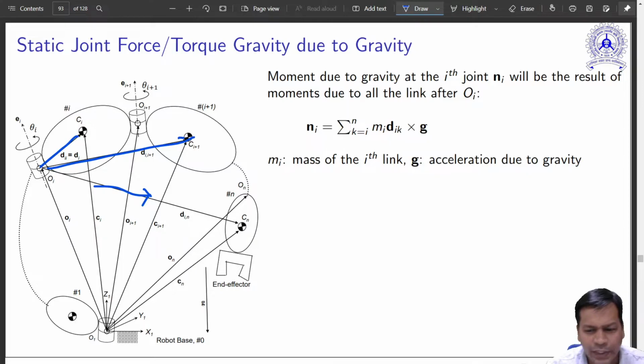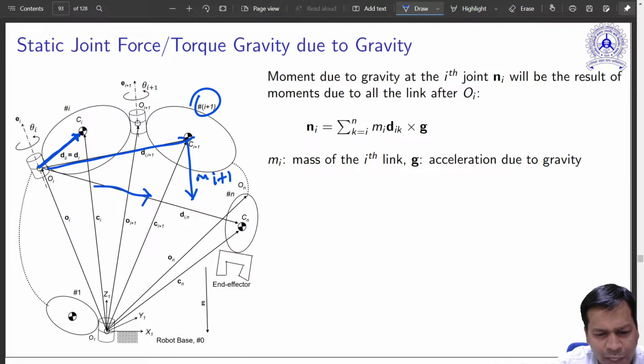Now what I am willing to do: I know the position vector, and I also know the force that is acting. What is that? If it is the ith link, this one is i+1, so it will be mi+1, that is the mass of this link times the acceleration due to gravity. This is a vector; acceleration due to gravity is a vector.